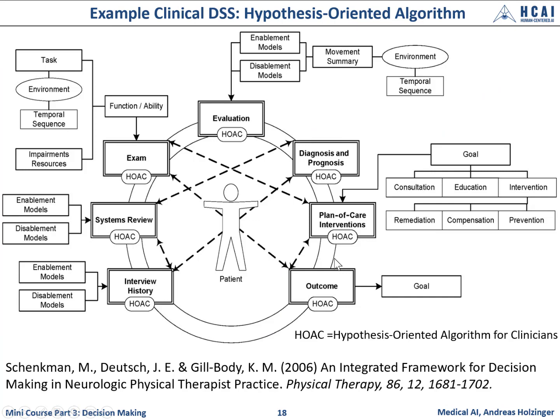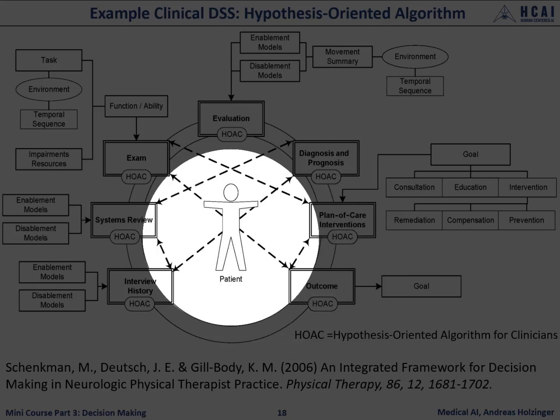A more elaborate system is this example for a clinical decision support system, relatively old, from 2006, but it is a really nice example for an integrated framework. This is practically a good overview of a unifying framework demonstrating the steps in the clinical decision-making process. This framework is patient-centered, meaning that the patient is in the center here.